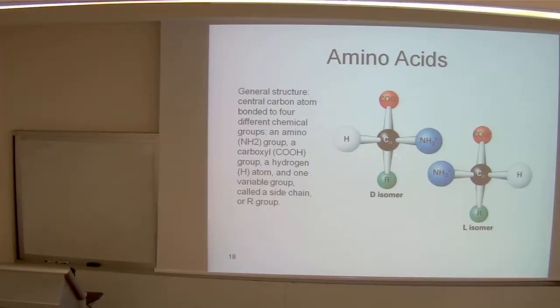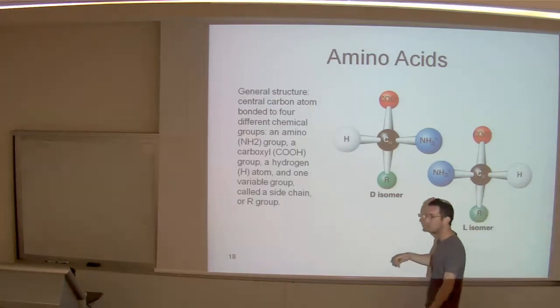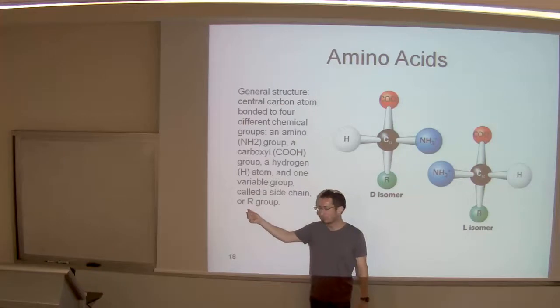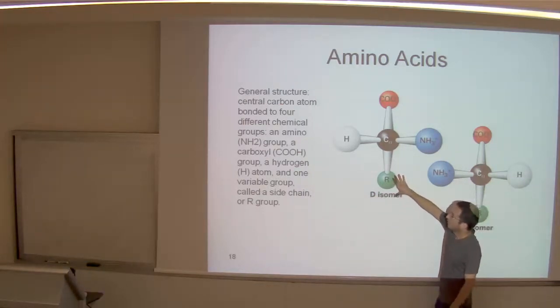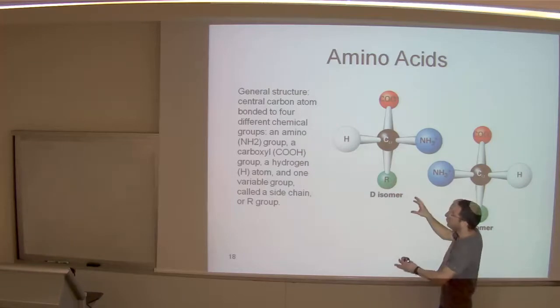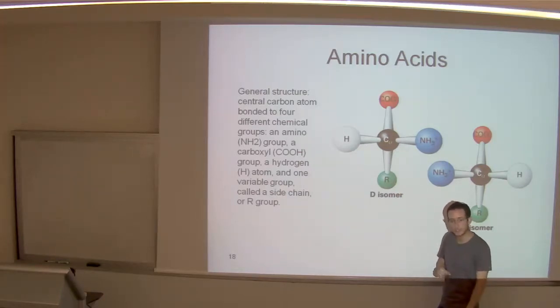Okay, so this is the basic structure of amino acids. We have an amino group, a carboxyl, a hydrogen, and a side chain, which is also called a residual group, or just the R group for short. And this is the part by which different amino acids differ from each other.